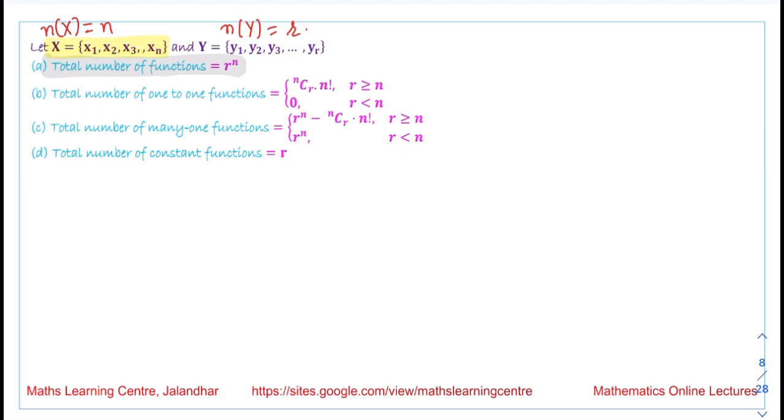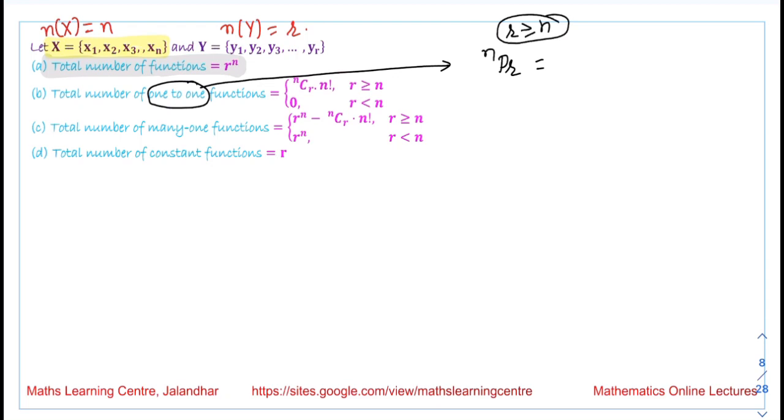Now from our previous result we have seen that the number of 1-1 functions that can be formed from the set x to y is rPn, when r is greater than or equal to n, and we can write this rPn as rCn into n factorial. This is written over here in this formula: when r is greater than or equal to n, the total number of 1-1 functions is rCn into n factorial, or we can write it as rPn.